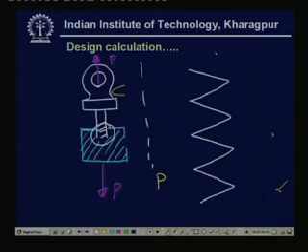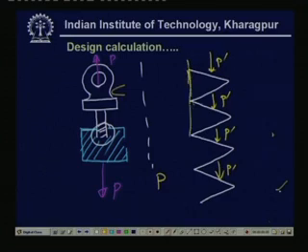This is the thread where the force is acting, and if you make the same assumptions, that is each thread will carry a force P prime, and now this behaves like a cantilever beam, and therefore the shear stress on this section, which is the plane for maximum shear, will be tau equal to P prime divided by the area.